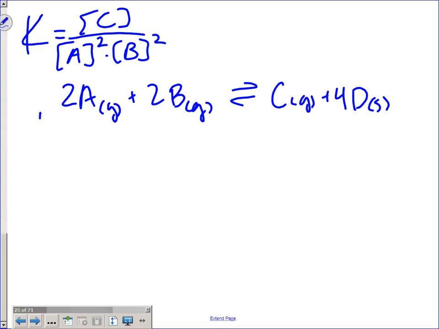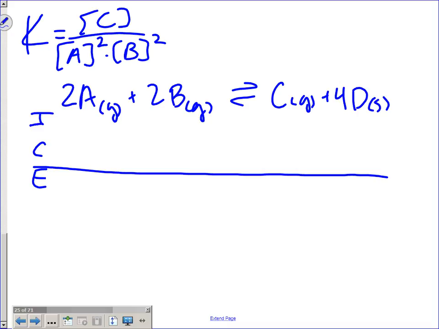Remember, we briefly mentioned this probably a week before break. Set up an ICE box with this, and I'll tell you what each of these values mean. I is initial, so initial concentrations get plugged in there. C means change. So we're talking about what actually occurred during the reaction. And then E means, can you take a stab at that?